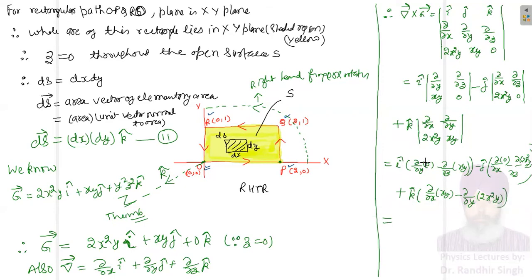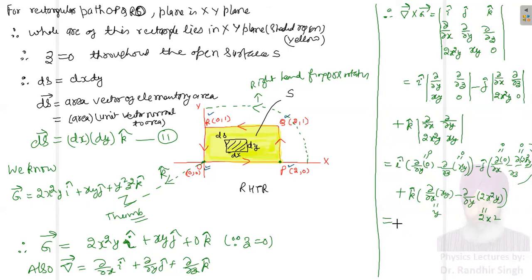Now this term will be 0 and this will be 0. Kindly remember that these are partial derivatives. Similarly, this term will also be 0, because this is a derivative with respect to z, and all these derivatives are partial. Similarly, this answer will be y and this will be 2x square.